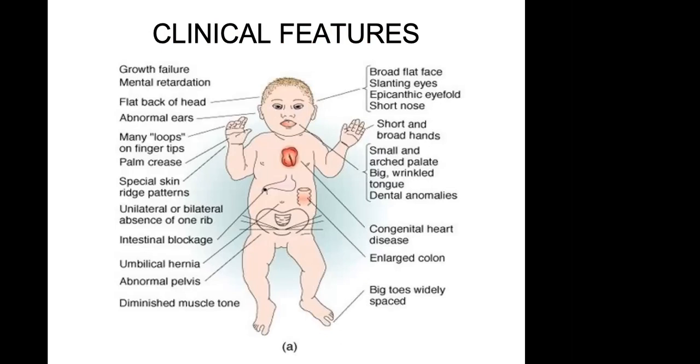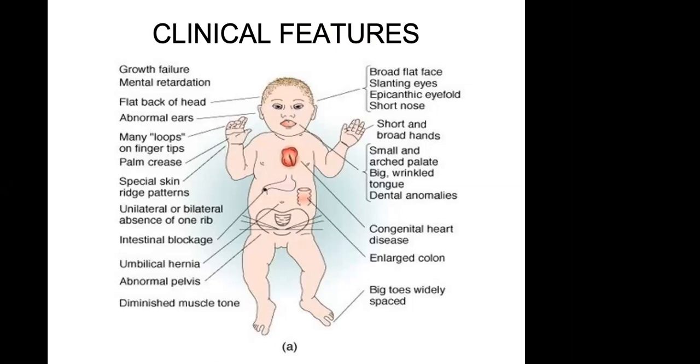Morphologically or phenotypically, they have a broad flat face, slanting eyes, epicanthal fold, short nose, short and broad hands, small and arched palate, big wrinkled tongue, dental abnormalities. So any combination of these abnormalities can be there. There may be congenital heart disease, PS, pulmonary stenosis, or VSD, ventricular septal defect.